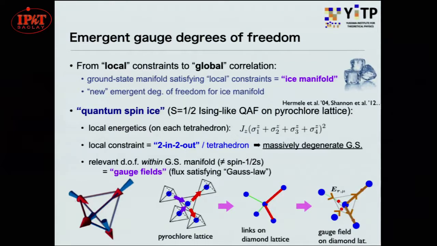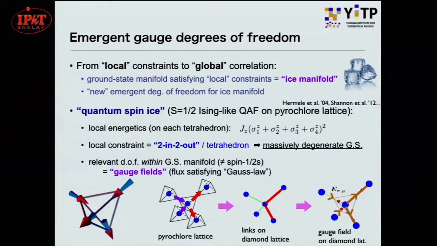So the local energetics is given by this simple Hamiltonian. You have 4 Ising spins, and you sum all these on the 4 corners of the tetrahedron, and then you square it this way. Clearly, Ising spin up corresponds to outgoing spin direction, and Ising spin -1 corresponds to incoming spin direction.